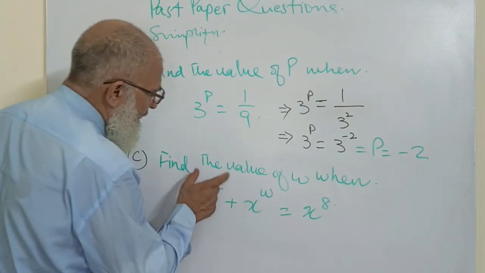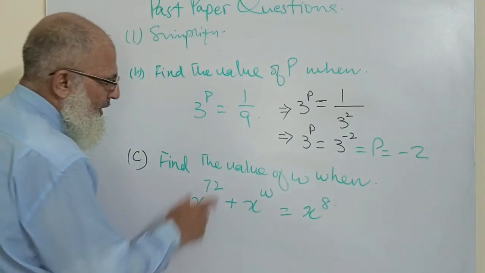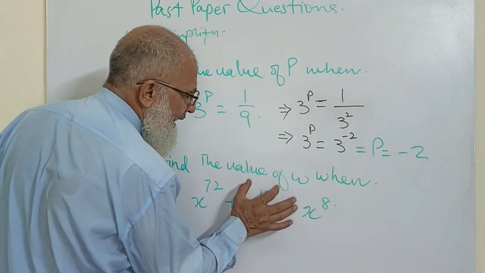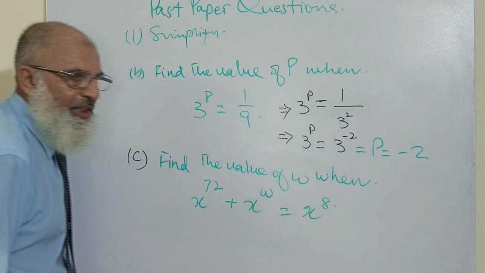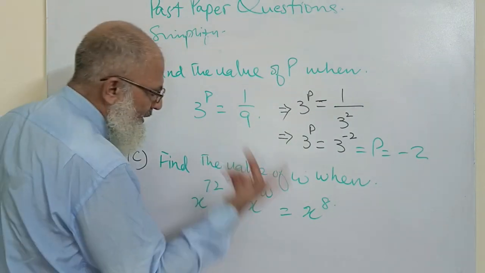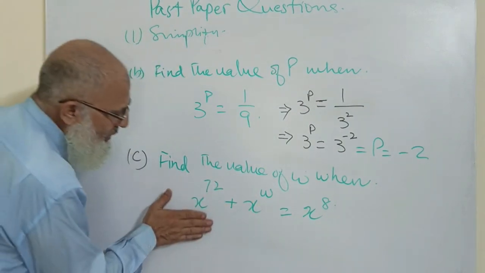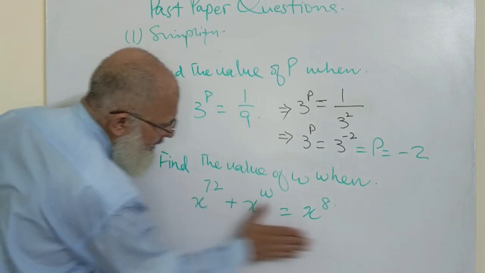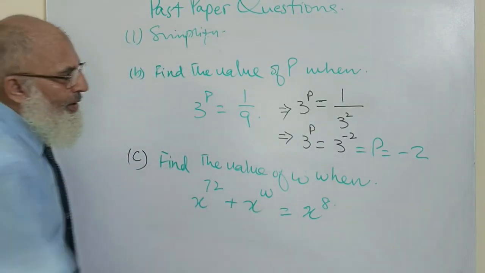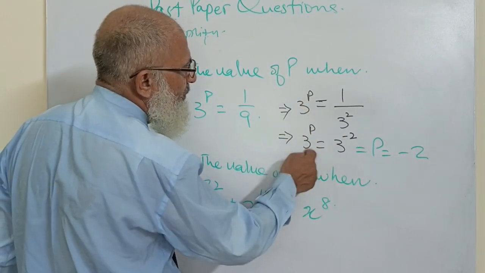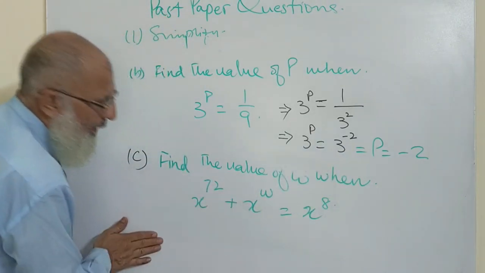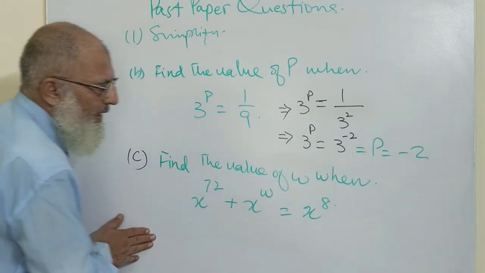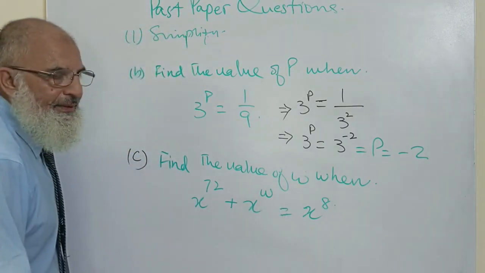There is a numerical value in the index, an alphabetical value in the index, and a numerical value in the index. It is nothing, because this whole thing is equal to this. We'll apply the same rule: the whole left hand side is equal to the right hand side.